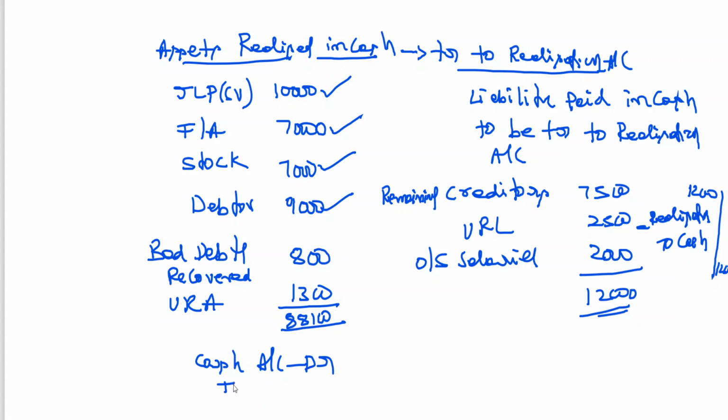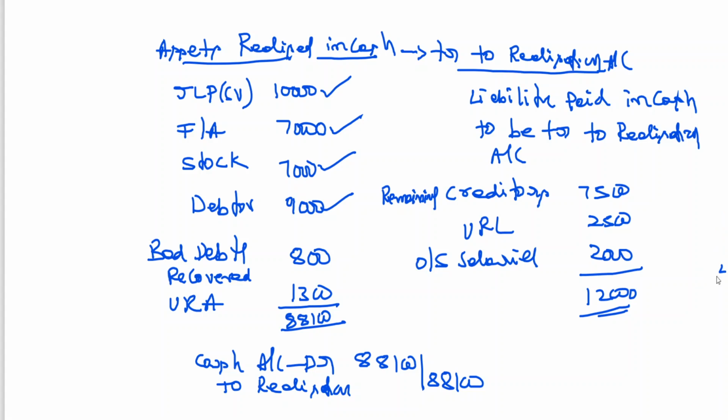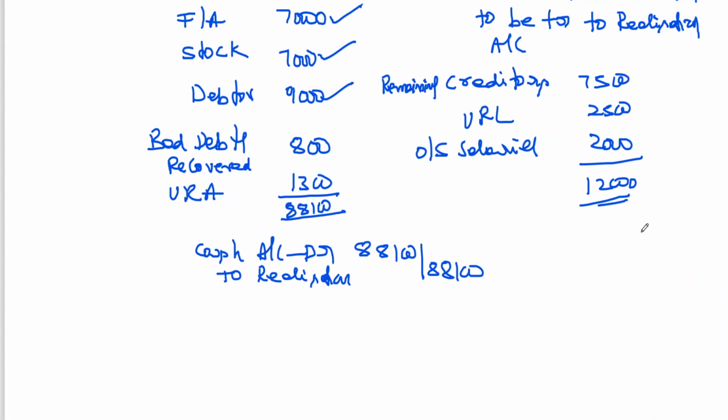Cash account debit to realization 88,100. Next, realization account debtor to cash. Realization account debtor to cash 12,000.